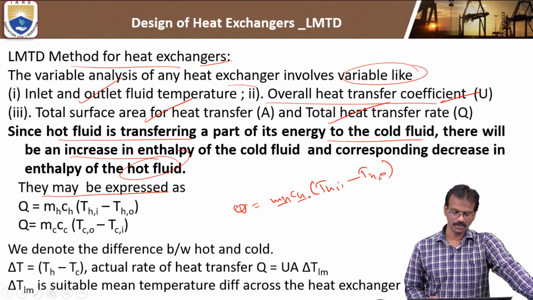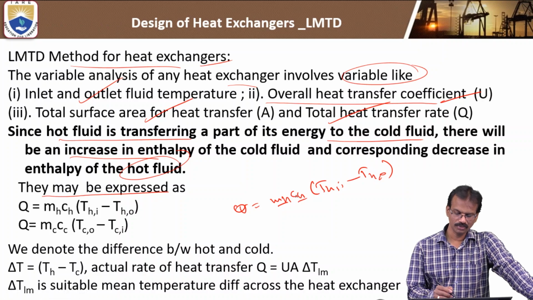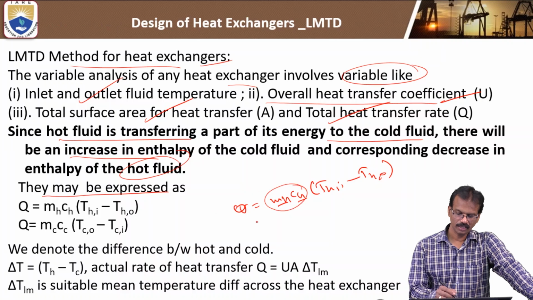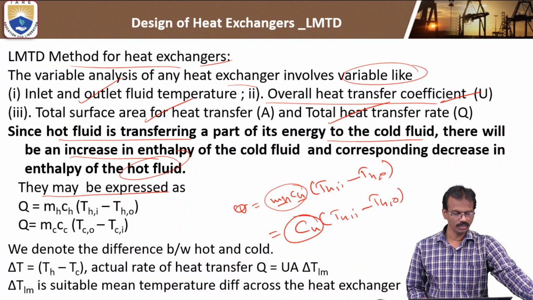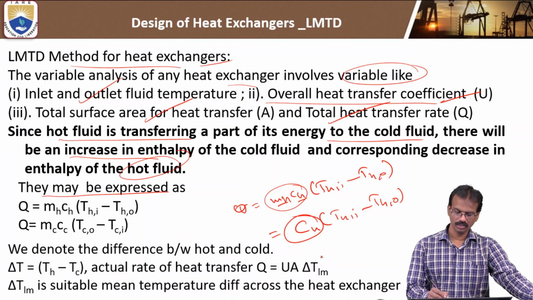MH is the mass of hot fluid and CH is the specific heat, so you can write it like this: capital CH into THI minus TH naught. Capital CH is the specific heat of the hot fluid. Similarly, for cold fluid, CC into TC naught minus TC.